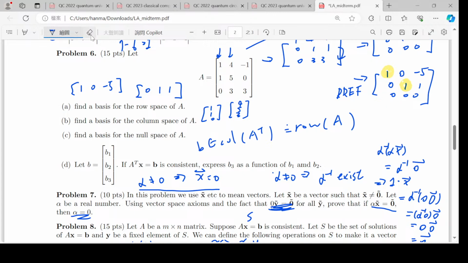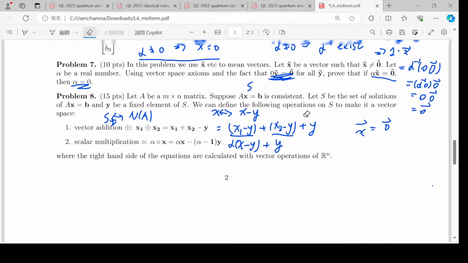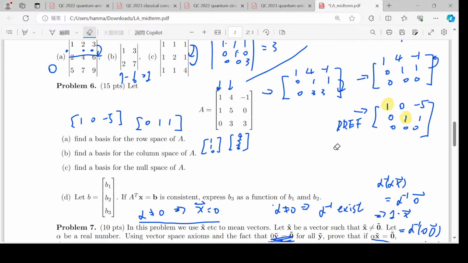We don't have much space, but anyway, let's see if I can fit this in.